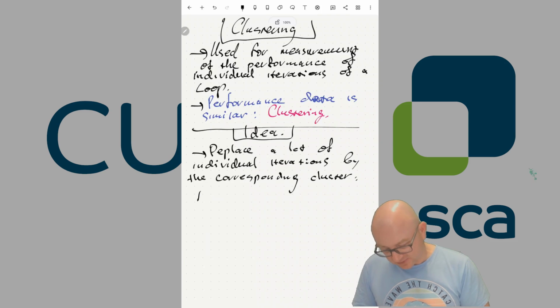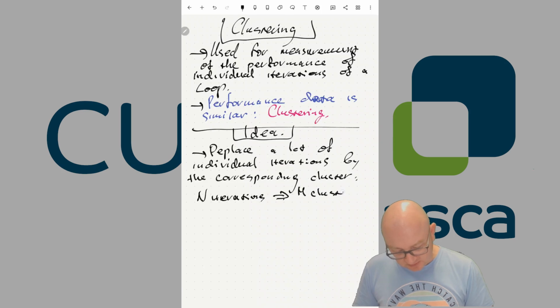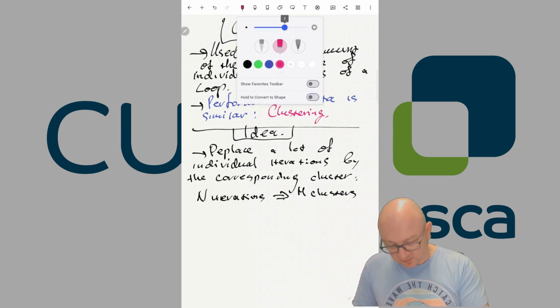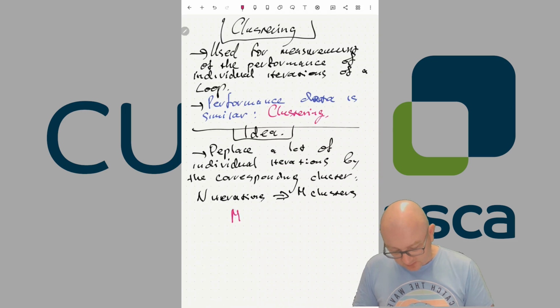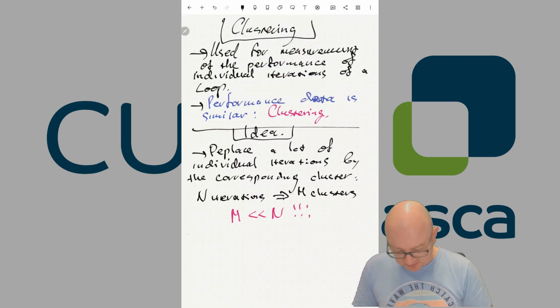So we have a number of iterations, n, which can be thousands, 20,000, 100,000 of iterations, but because they are all similar, they actually need only m clusters. So therefore m is way smaller than n, and we have data reduction.